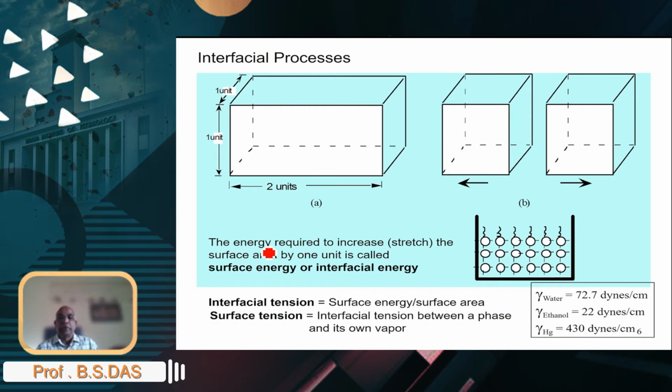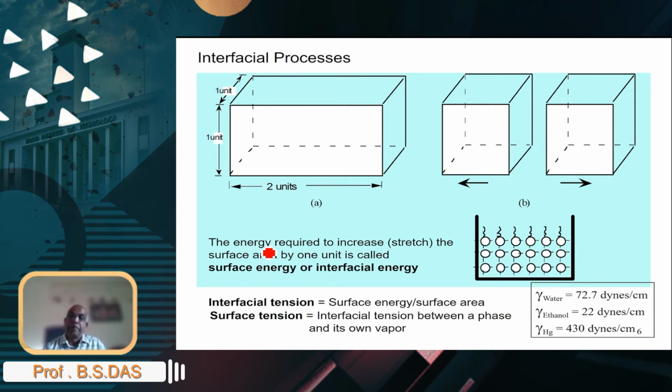So in this case, it is the air above the water when it is saturated with the vapors of water itself. The interface between the vapor phase and the water is called the surface tension.